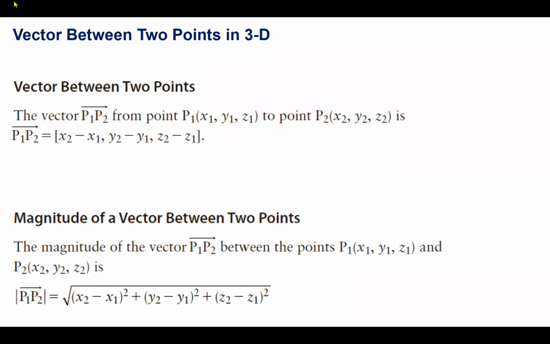These are the 3 components of the vector P1P2, a vector between the 2 points. So basically, we use the coordinates of the endpoint minus the coordinates of the starting point, right?